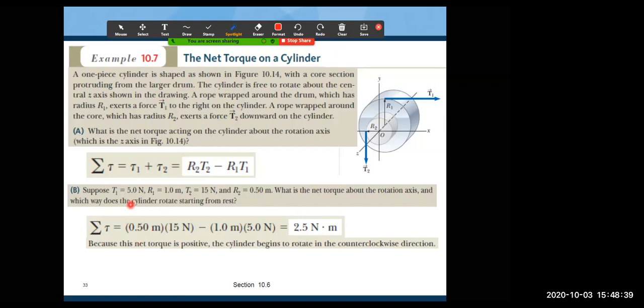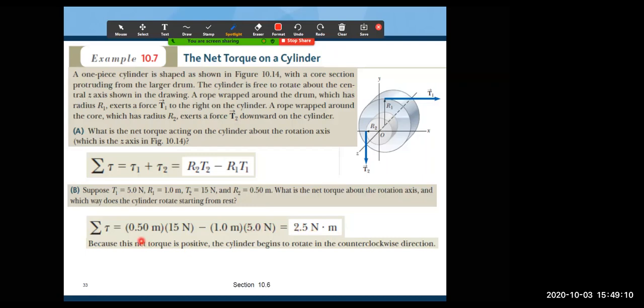And then in part B, suppose, well, we give it numbers: T1 is 5 Newton, R1 is 1 meter, T2 is 50 Newton, and R2 is 0.5 meters. So the net torque in this case can be calculated. The torque, which is equal to force times distance, would have a unit of Newton times meter.